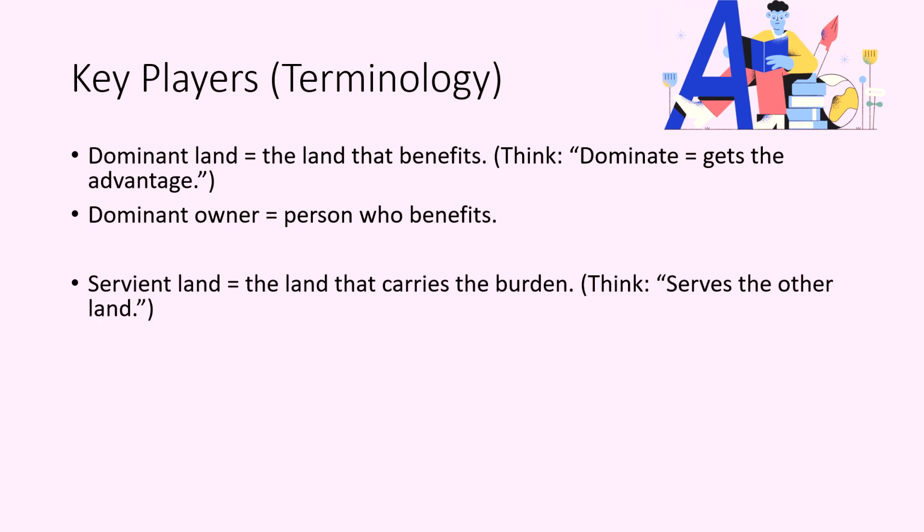By contrast, we have the servient land, which is the land that carries the burden, the disadvantaged land, the land where you have the right of use to access that land, and it serves another piece of land basically. And obviously that also means that the owner of the servient land, the servient owner, is the person who has to bear the burden and who has to put up with the other person's right of use.